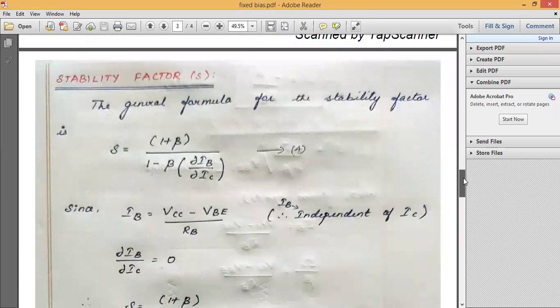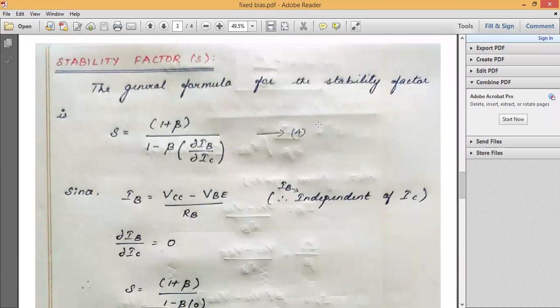Now we have to find the stability factor of fixed bias. The general formula for the stability factor is S is equal to 1 plus beta divided by 1 minus beta into dou IB by dou IC. Now we have got the IB equation from applying KVL to the base emitter loop: IB is equal to VCC minus VBE divided by RB.